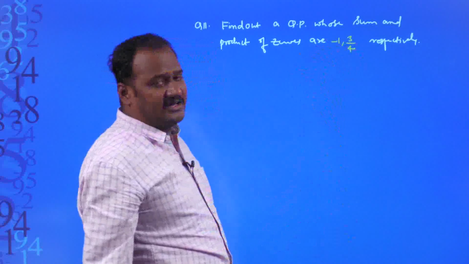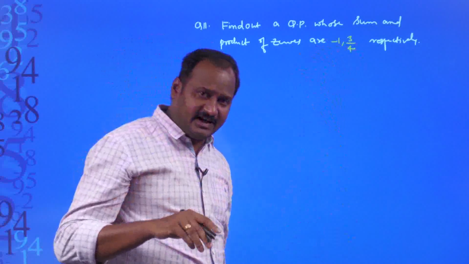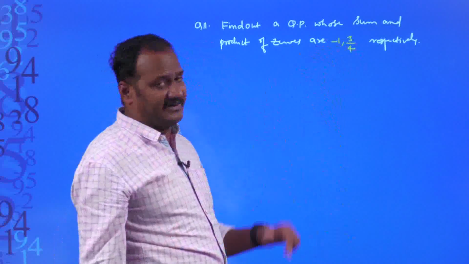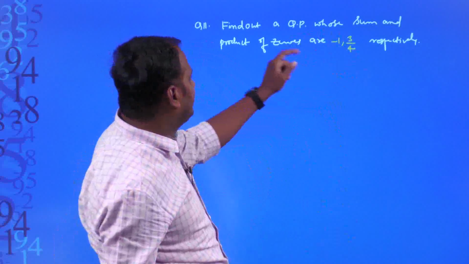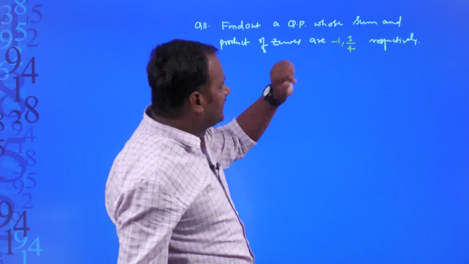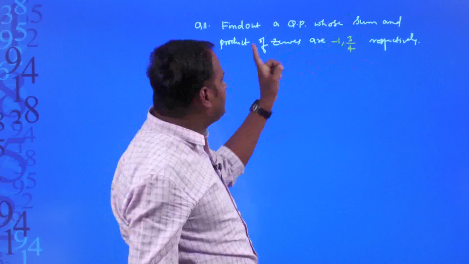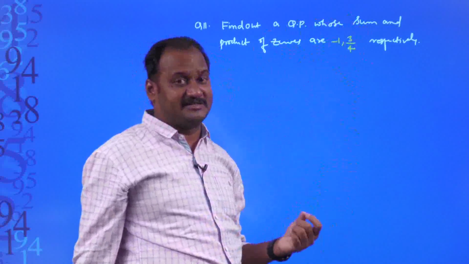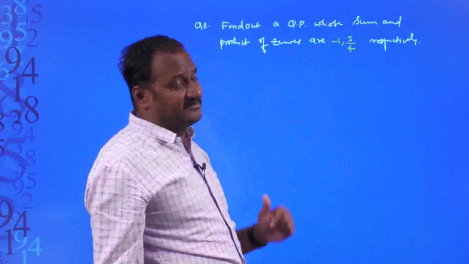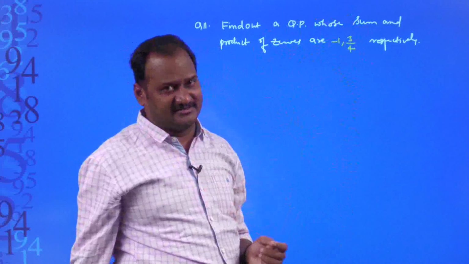See, are these two alpha and beta or anything else? These two are not alpha and beta. If you understand the problem clearly, find out a quadratic polynomial whose sum and product of zeros, means the first number represents sum of zeros and the second number represents product of zeros, but they are not zeros, right?